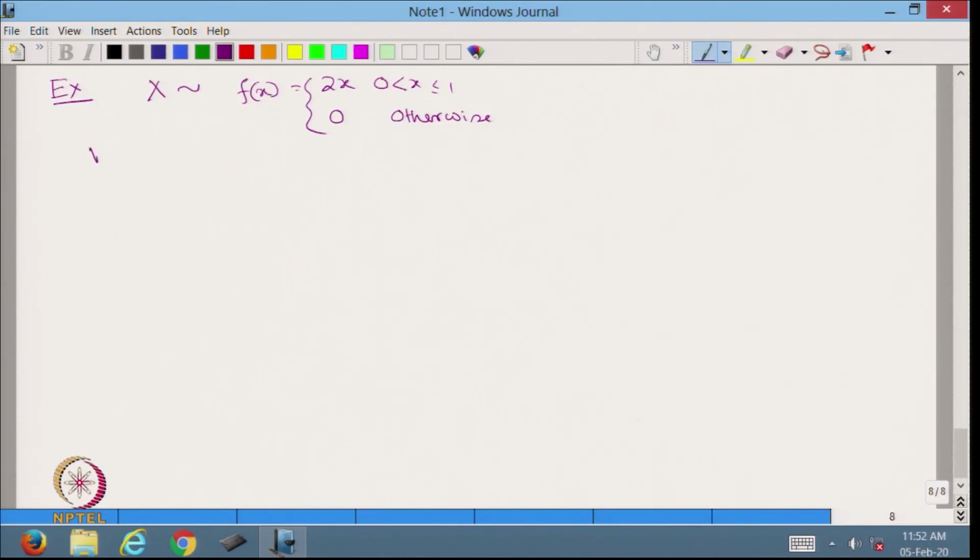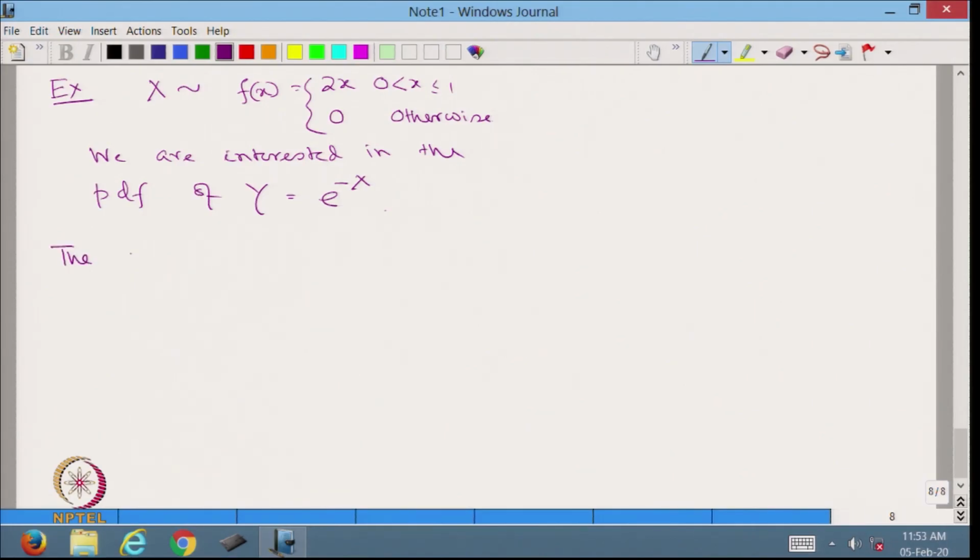And we are interested in the PDF of y equal to e to the power minus x.